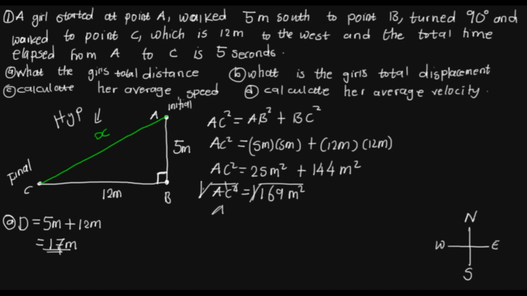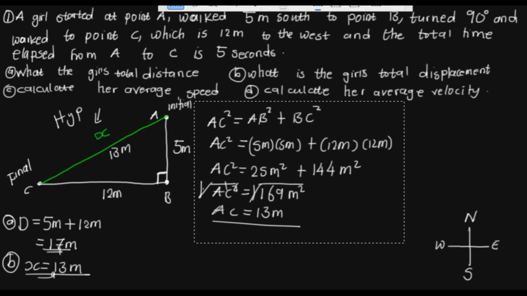The number that we can multiply by itself to give us 169 is 13. So the square root of 169 is 13. So our x, which is the displacement, is equal to 13 meters.